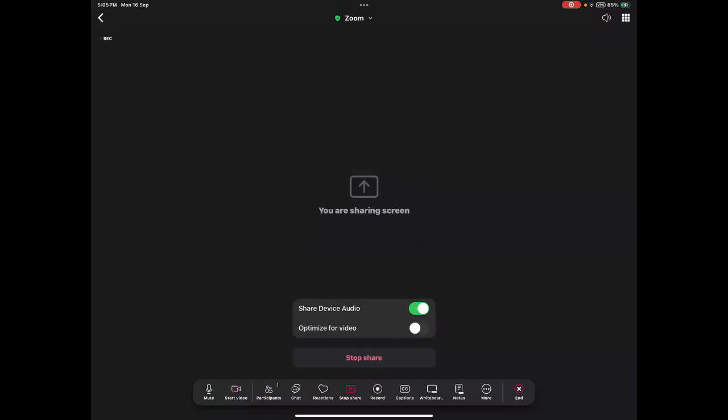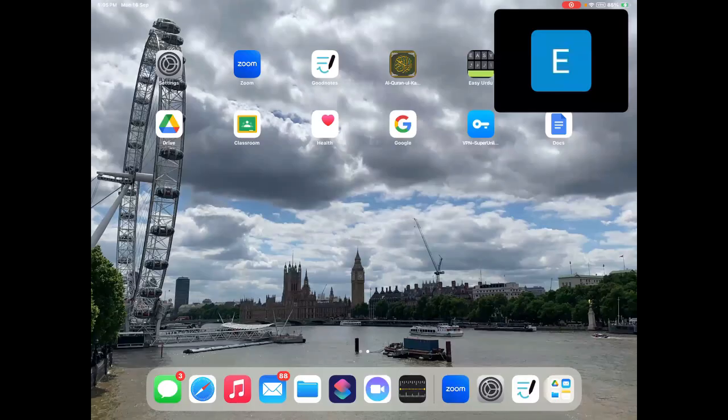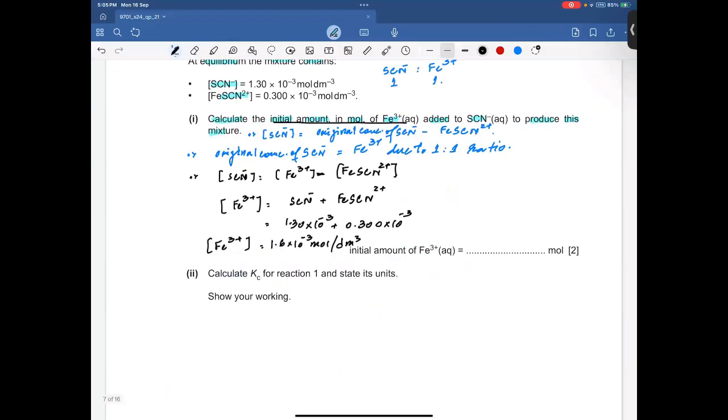So in order to calculate amount, I need to use the volume, and the volume is given in the question, which is 25 cm3. So 1000 cm3 of Fe3 plus contain 1.6 into 10 to the power minus 3 moles.